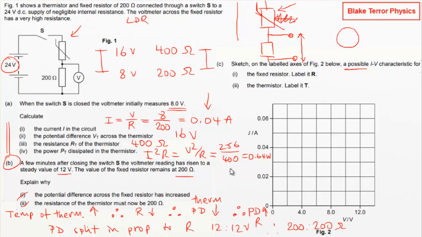We also know it has to go through 0.04 amps at a voltage of 8 volts. So it's got to go through that point and the origin, which gives a straight line going up there.